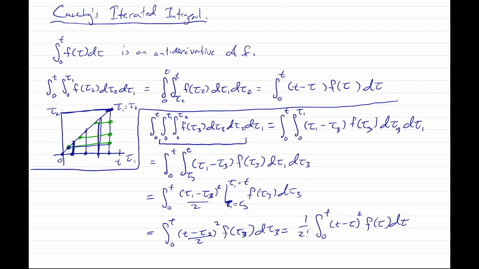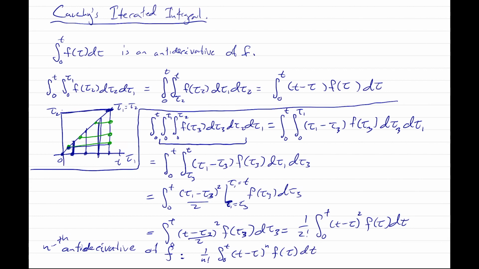And you can extrapolate and say, if I want n antiderivatives of f, or the nth antiderivative of f, that is going to be given to me by 1 over n factorial integral from 0 to t of t minus tau to the n times f of tau d tau.